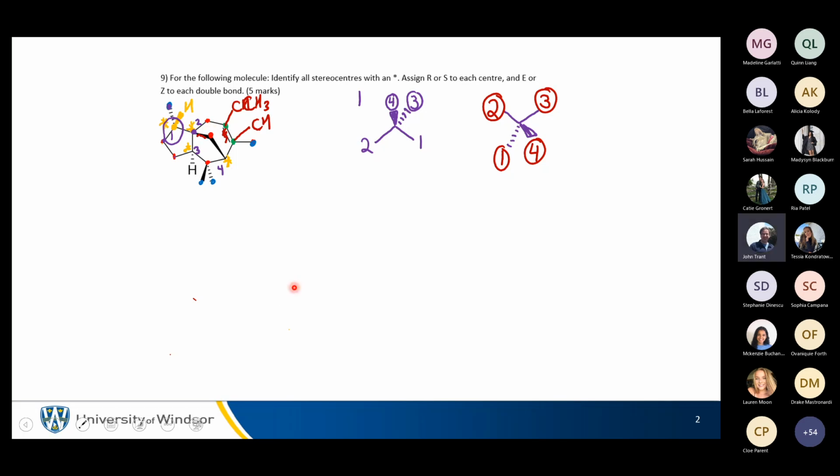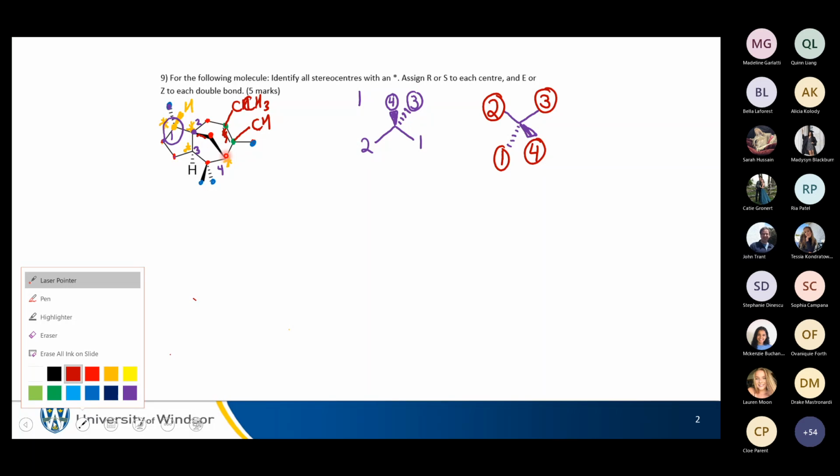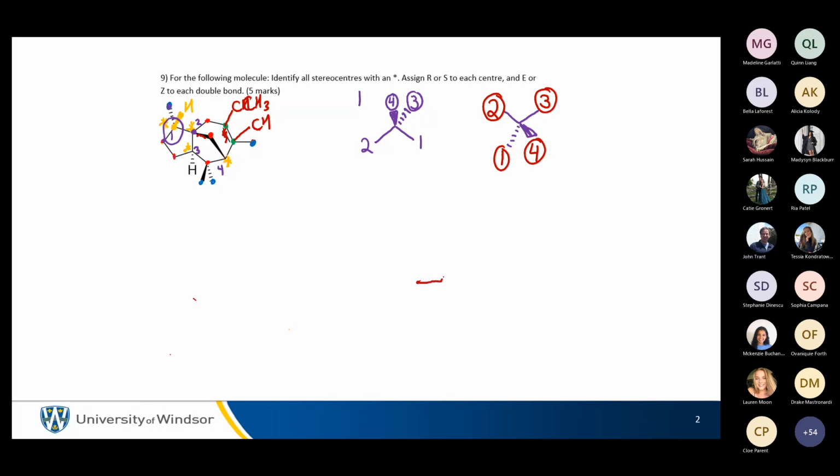Luckily, that is by far, I think, the hardest of all the atoms to be looking at. So if we move on to carbon 4, I'm just going to draw it like this, and this carbon here is that one there for carbon 4.